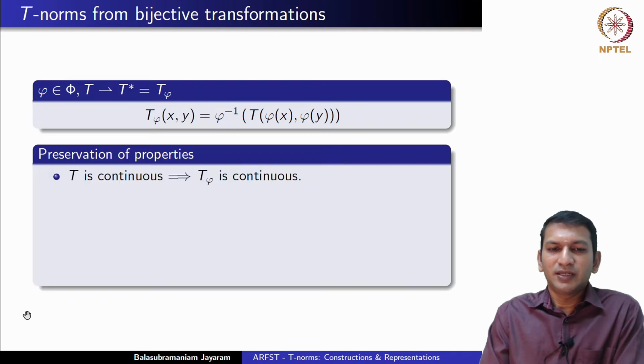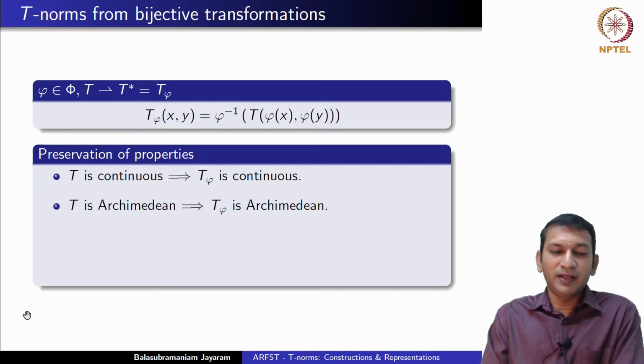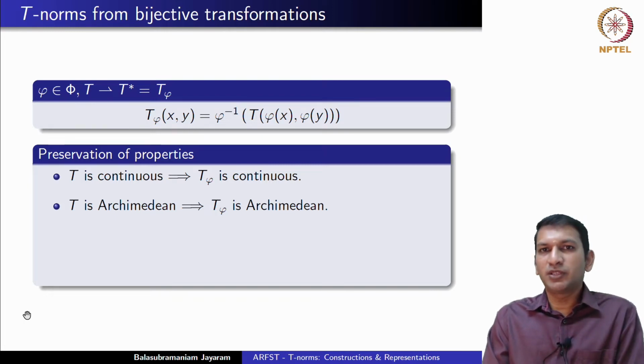Let's look at what properties this transformation preserves. If originally T were continuous, T phi will be continuous. If T is Archimedean, please recall, that means if you take any two elements x and y from the [0, 1] interval, there will exist an n such that if you operate x on itself n times, it will become smaller than y.